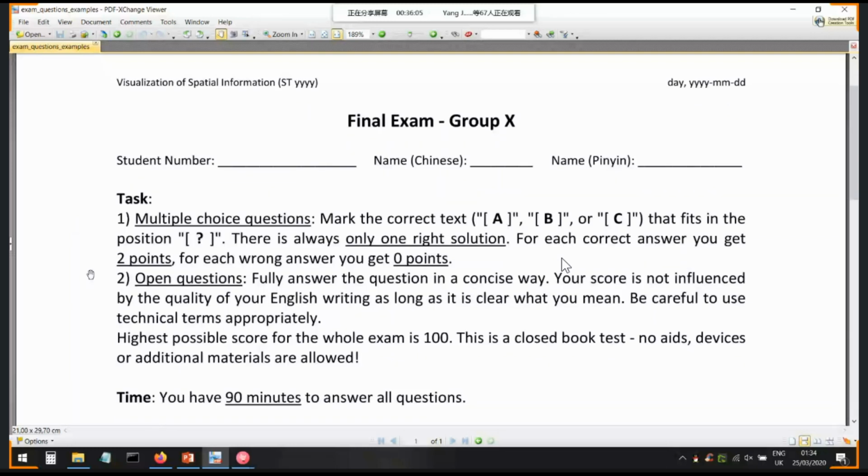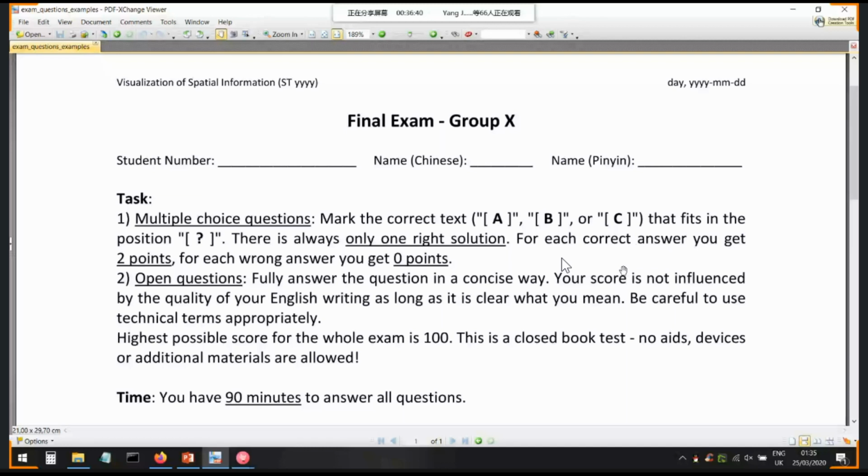You have to fill in, of course, your student number, your name in Chinese and Pinyin. And then your task is, there are two tasks. The first is multiple choice questions. You should mark the correct text. There are always three possible answers, A, B, or C. And you should mark the right one.